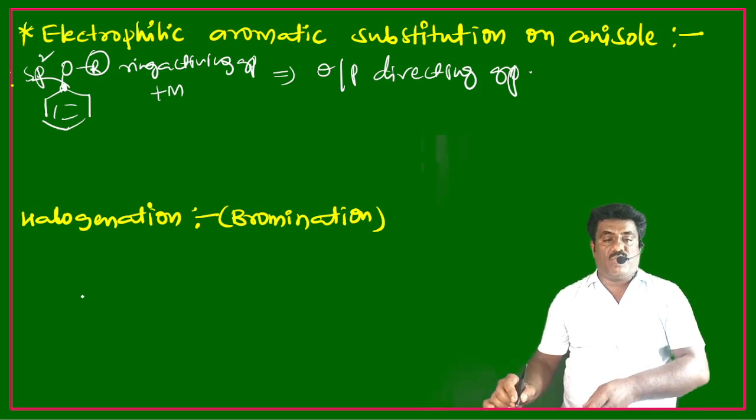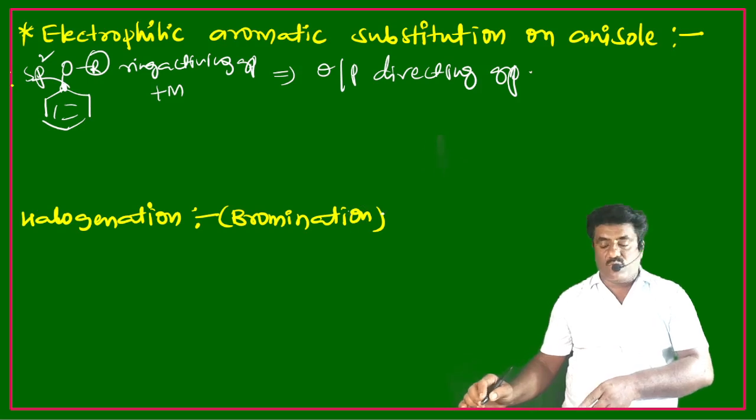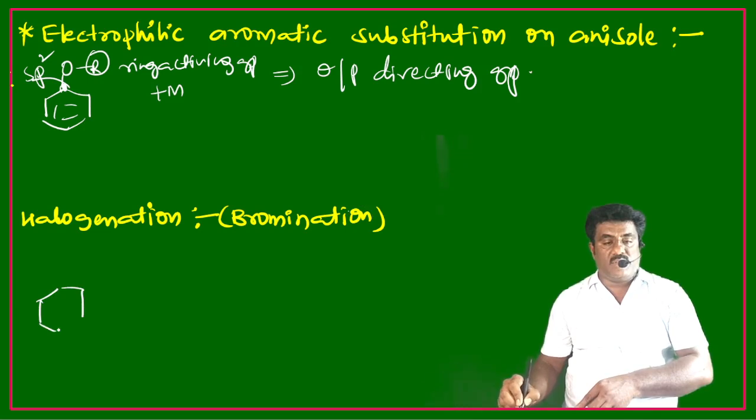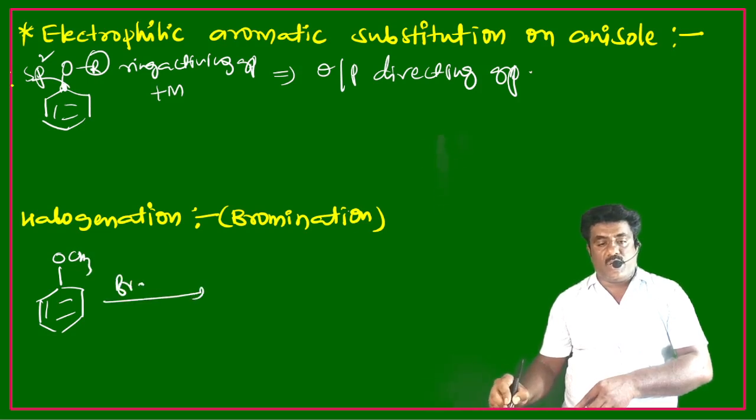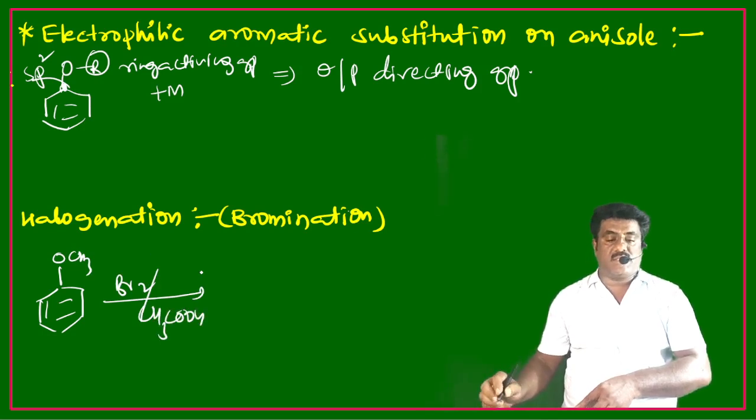Have a look at halogenation, the bromination reaction. See, anisole, benzene with OCH3, with bromination Br2 in the presence of acetic acid. What is the product?